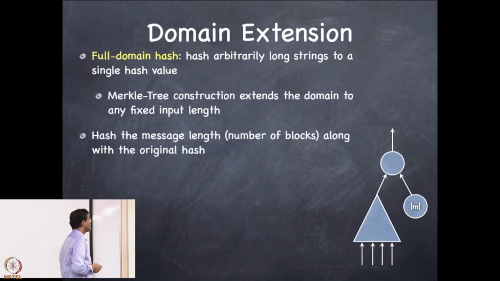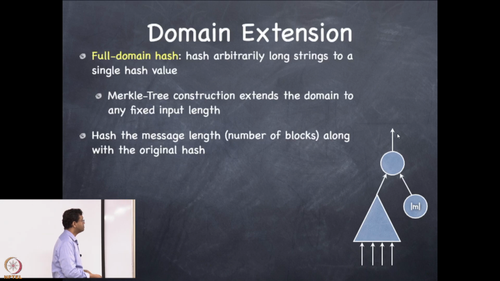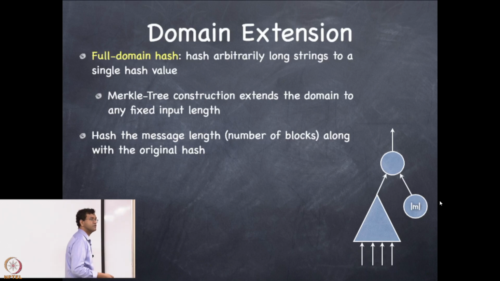Now, if I want a full domain hash, all I do is dynamically decide, when I see the input, what the structure of this Merkle hash is. But the output is not just the output from the Merkle hash. I'll further hash it with a block which encodes the length of the message. Okay? So my final hash is this one.